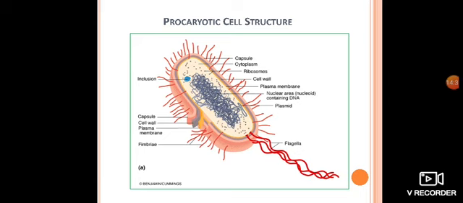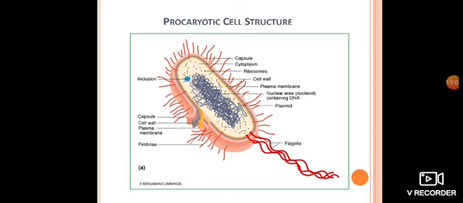If we consider the prokaryotic cell, it has different parts. As we know, the capsule, then cytoplasm, ribosome, and cell wall are all contents of the prokaryotic cell. And they have a nucleus, but it is not in a proper arrangement.